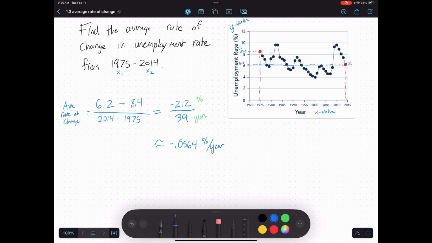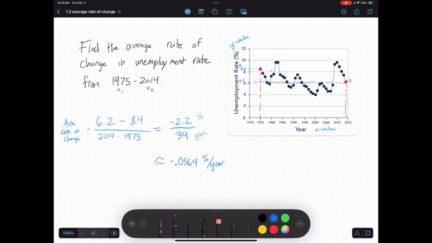This is how the unemployment rate's changing per 1 year. So on average, I'm losing about 0.05, 0.06% unemployment rate per year. Awesome. And that's how we find average rate of change.